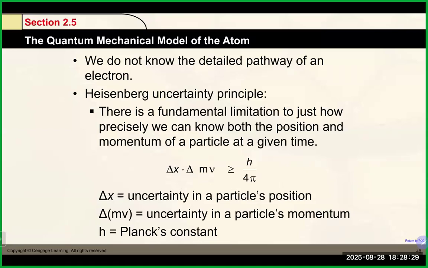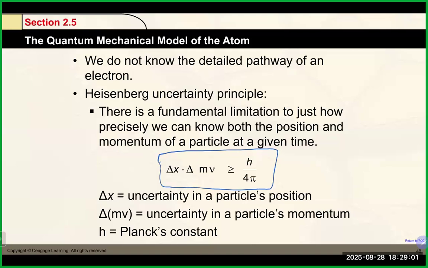Heisenberg's uncertainty principle basically says there is a limitation to how much you know about how a particle like an electron is actually moving and its position at the same time. In fact, the more you know about its location, the less you know about how it's traveling and vice versa. So this is Heisenberg's uncertainty principle.